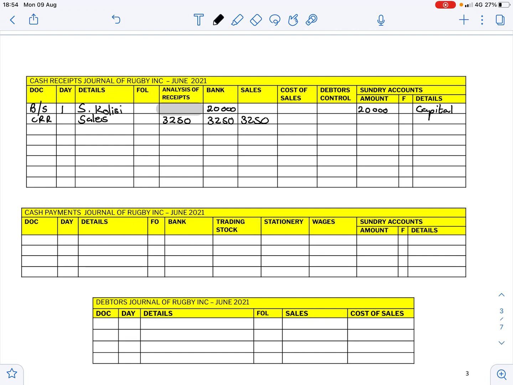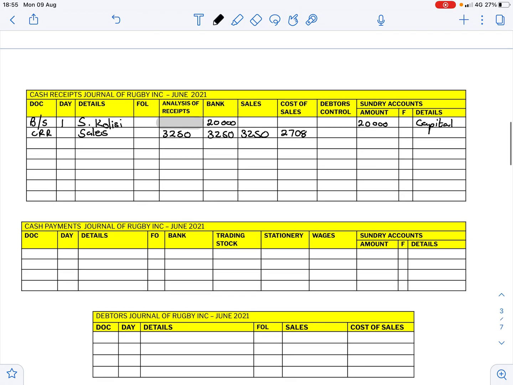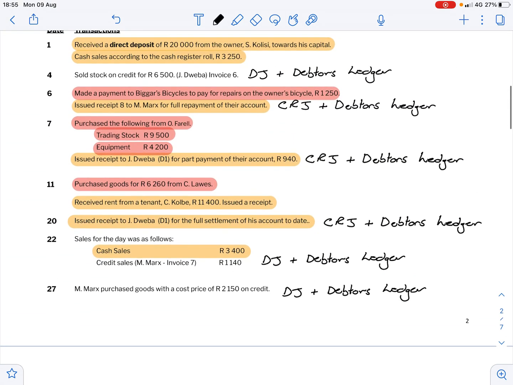We then need to work out our cost of sales, and this was 2,708 Rand if you round it off correctly. You take your 3,250 Rand and you divide it by 1.2 because of our 20% markup, and if you round it off, that gives us 2,708 Rand.